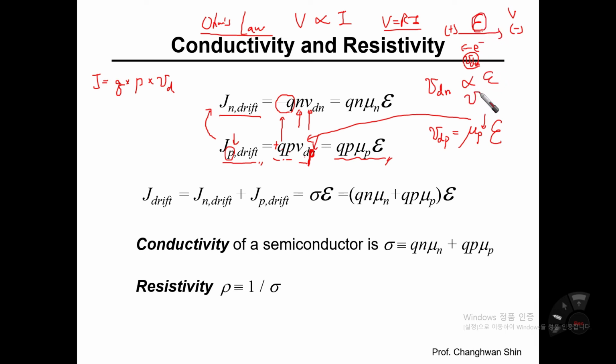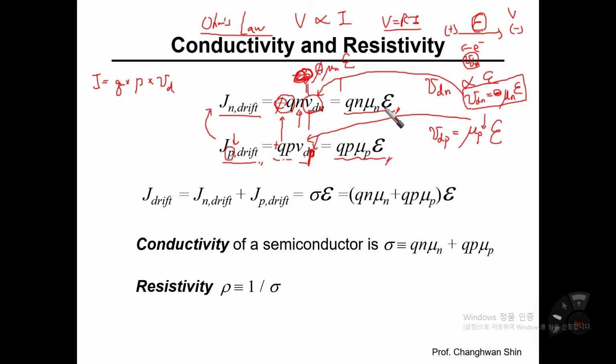So when I'm writing down this equation, I would like to include a minus symbol: minus mu n E. Then let's plug in this VDN here: minus q times minus mu n E. This minus and that minus cancel out, then we're going to end up with this equation.